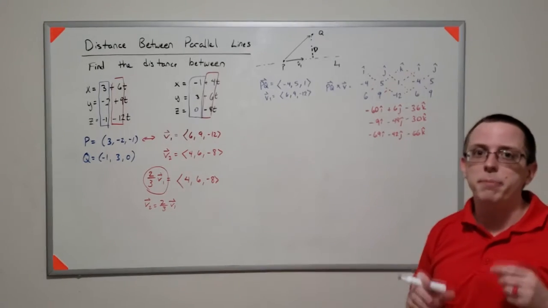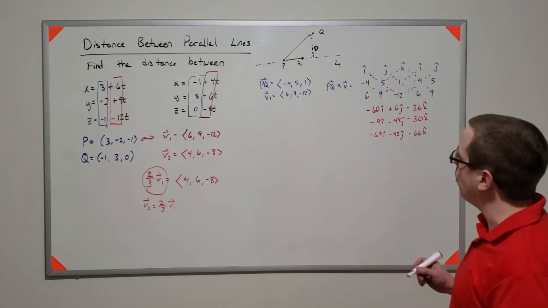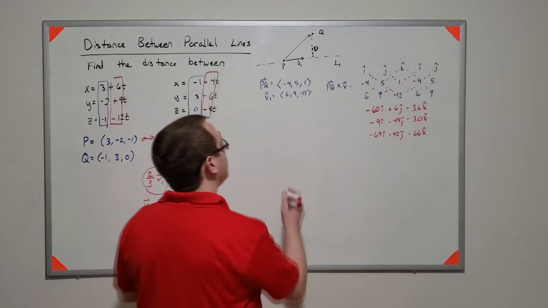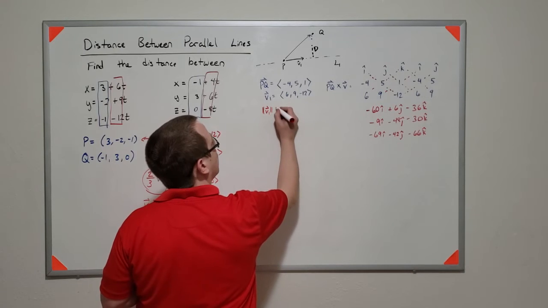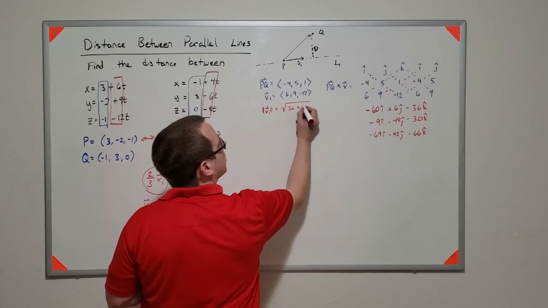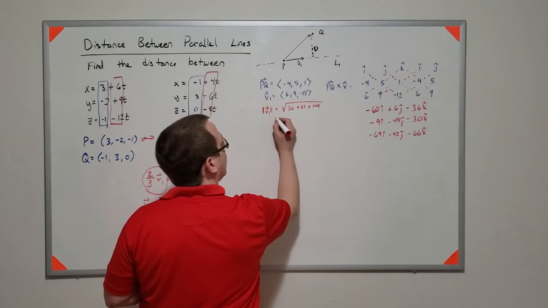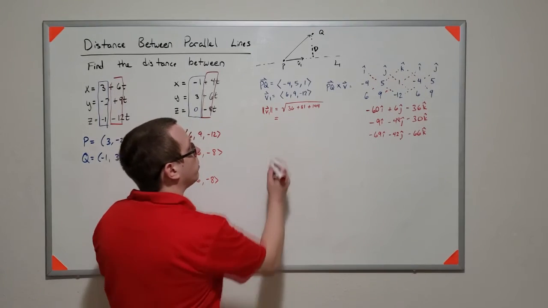So what we need to do is get the magnitude of PQ cross V1, and then divide it by the magnitude of V1. So let's go ahead and get the magnitude of V1. That's 36 plus 81 plus 144. And I already know I can factor a 9 out of all those.